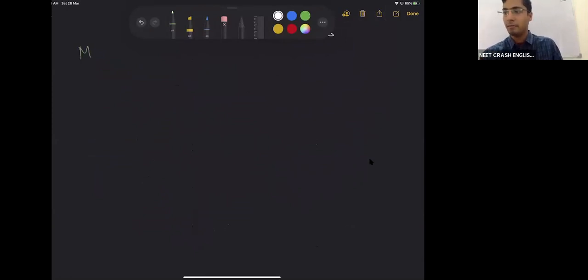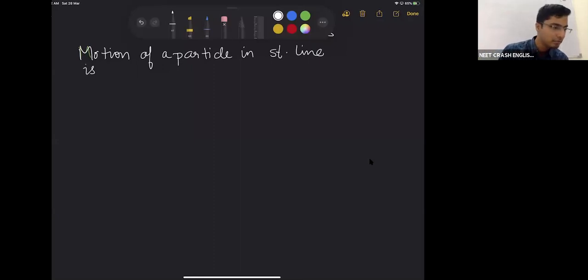Motion of a particle in a straight line is x equal to 8 plus 12t minus t cube.